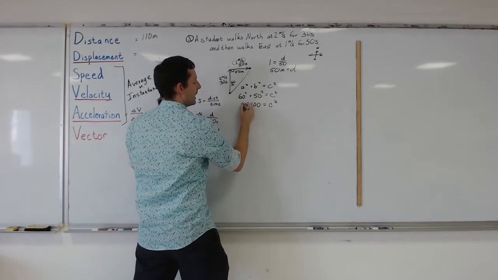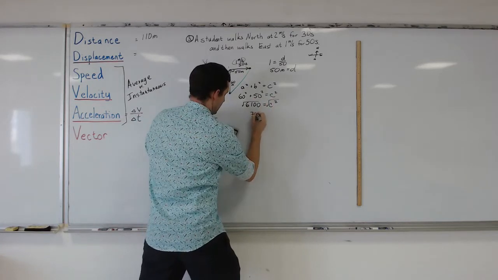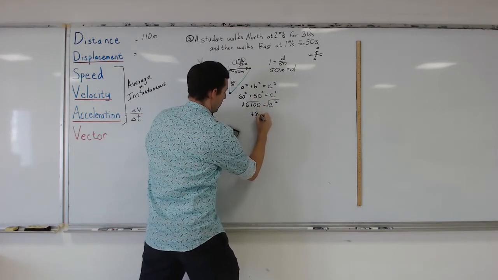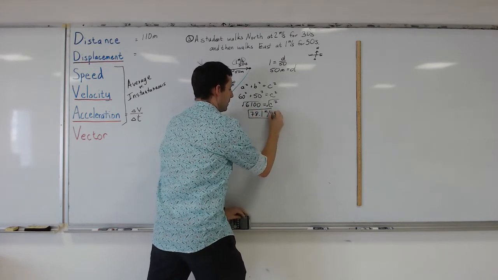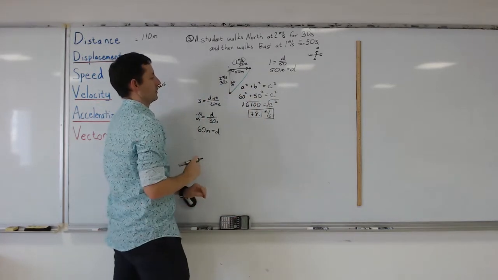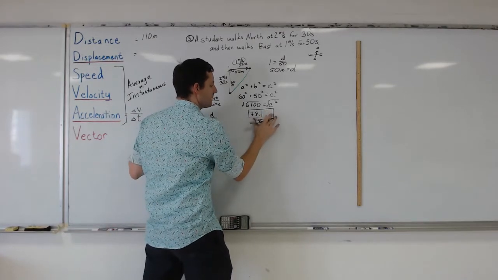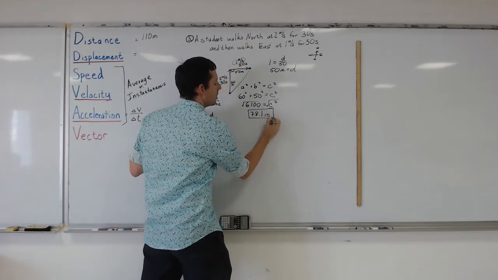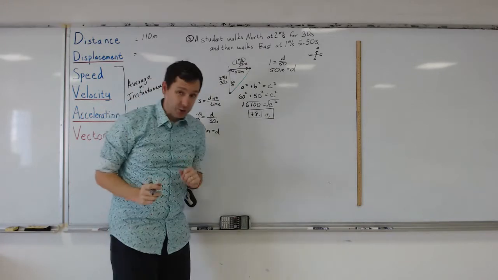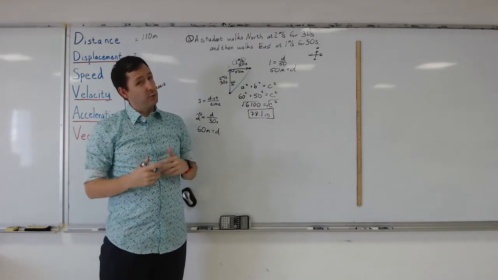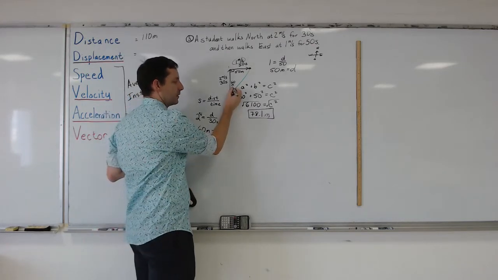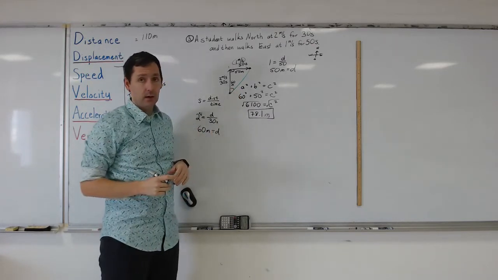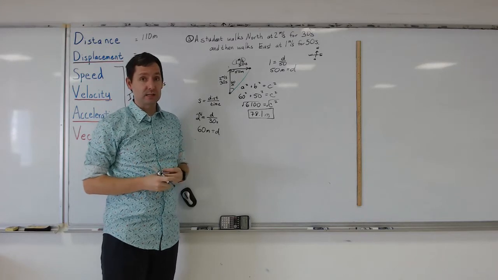Square root both sides, 78.1 meters per second. Sorry, not meters per second, just meters. Now, that's the magnitude of the displacement. If you wanted to get a direction, you would need to find this angle here. We can define directions based off of angles.